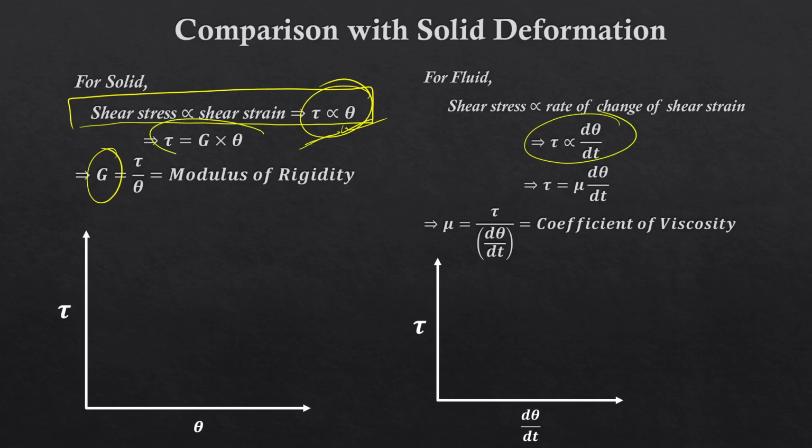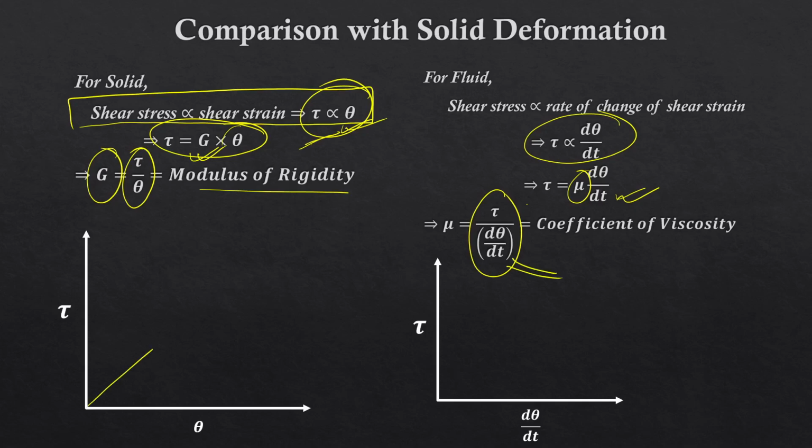Here tau equals some constant multiplied by strain, here it is some constant multiplied by rate of strain. This constant in case of solids is called modulus of rigidity, in case of fluids it is called the coefficient of viscosity. And it is again given by, here the ratio of stress by strain, here the ratio of stress by rate of strain.